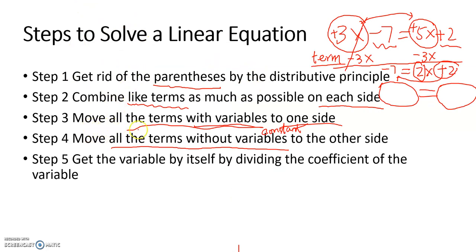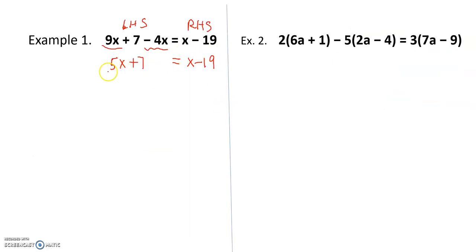In the third step, we want to move all the terms with the variables to one side. So let's see, we have 5x and x. They both have variables. And let's do that first. And so we're going to move x to the left. If you move x from the right side to the left, you're going to subtract x.